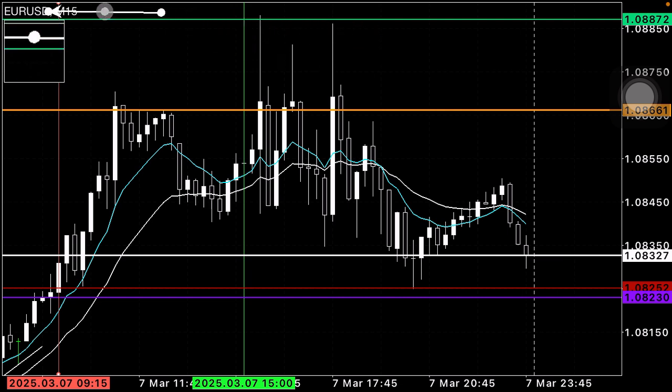Because here's the Euro US dollar symbol. The US dollar's on the right hand side of these initials here. EUR is euro, USD is US dollar. So the first one, the direction going up, is the strength of the euro. And the second one, USD, is the strength of the dollar to go down.